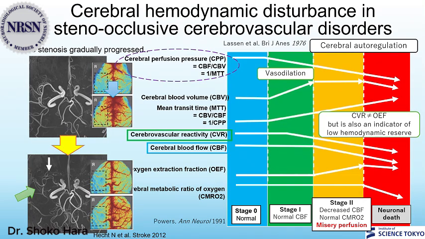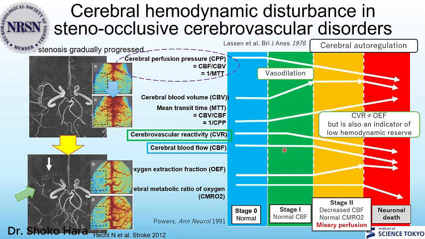So let's see how CVR changes in case of arterial stenosis. As stenosis progresses and the capillary vessels become dilated at rest, CVR, or the capacity to further dilate the capillary bed, begins to decrease. Please note that CVR is not identical to OEF measured with PET.